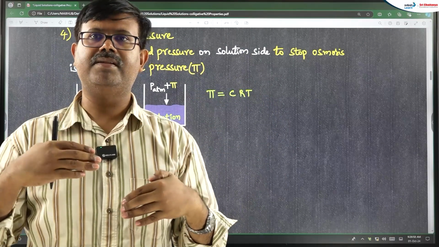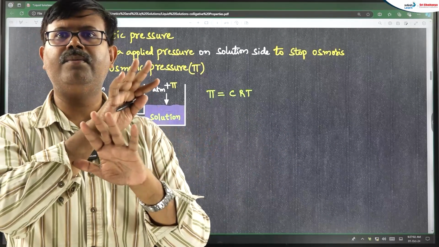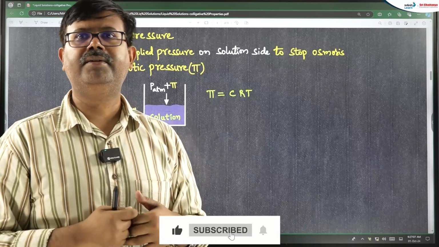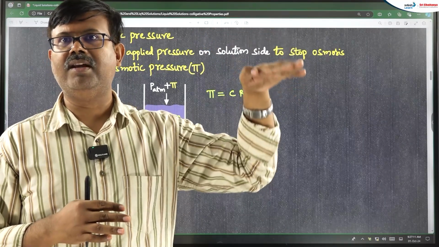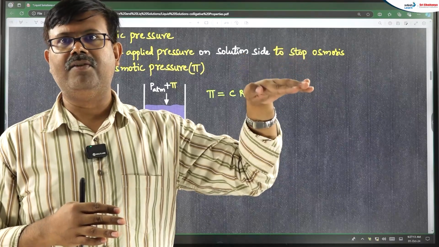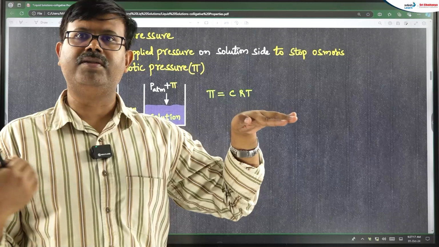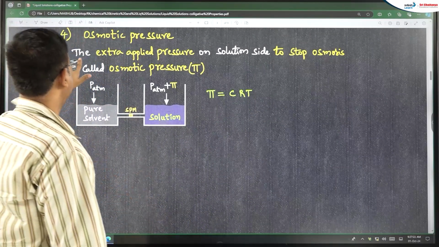The osmosis which is happening from the pure solvent to the solution side completely comes to a stop. There is no net flow of solvent. When the pressure is sufficient, equal to the osmotic pressure, then no osmosis takes place between the beakers.